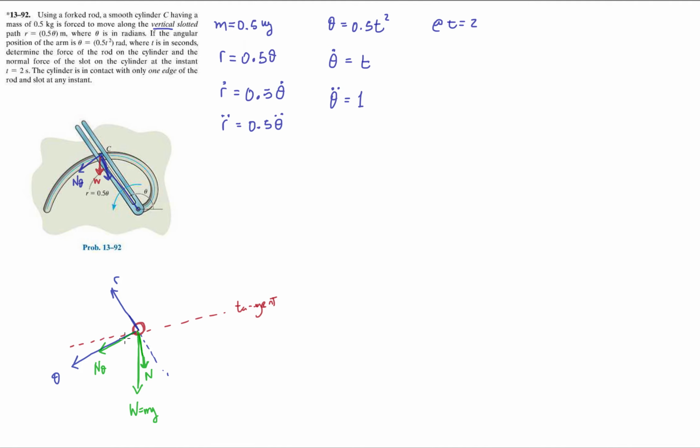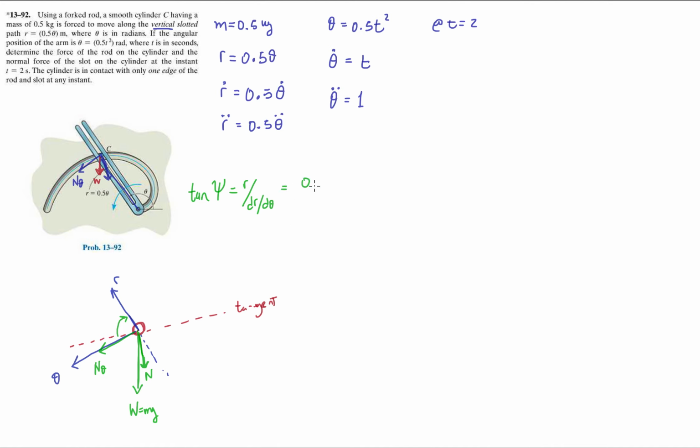Now we want to distinguish what this angle is between the tangent and the radial axis. To do that, we need psi, where tan psi is equal to r over dr d theta. What's r?